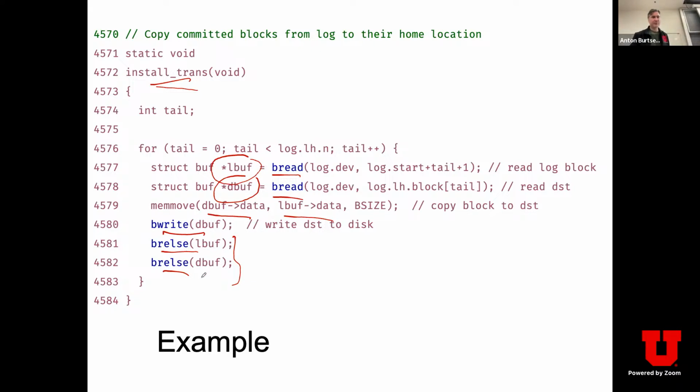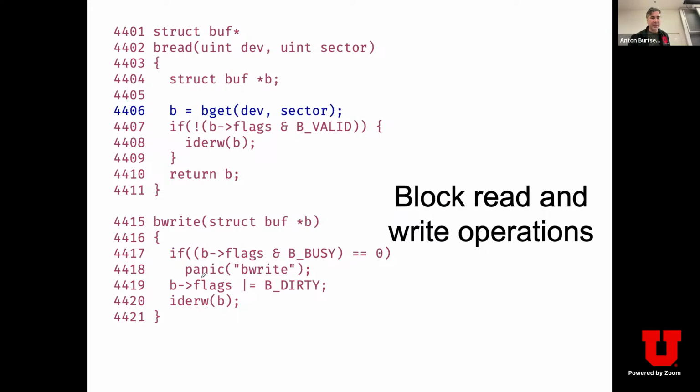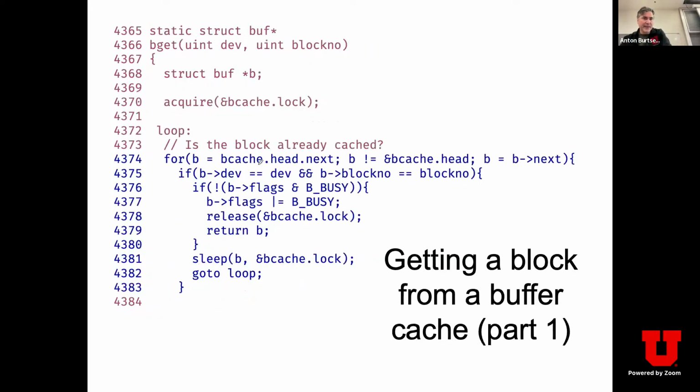But just to get to the next level of detail, let's take a look at how this buffer cache works. The block read function essentially tries to locate the block in the buffer cache with this bget function. So bget will scan the linked list.